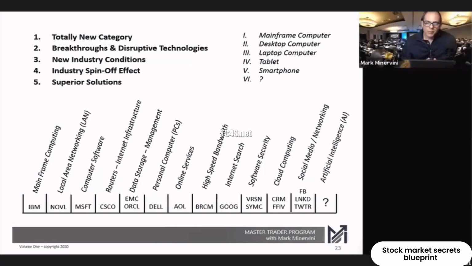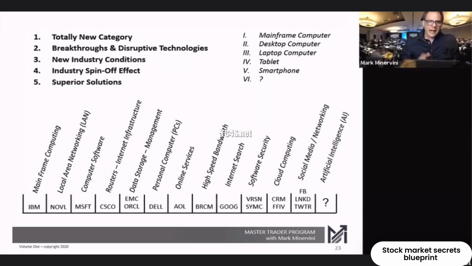Home Depot is a perfect example. When Home Depot came out, big box retailing was a completely new category, and nobody realized what it was going to create and what it was going to destroy. The hardware stores were everywhere at one time, and now you can barely find one anywhere. They wiped the entire hardware store industry out, very similar to how Amazon wiped out the bookstores.